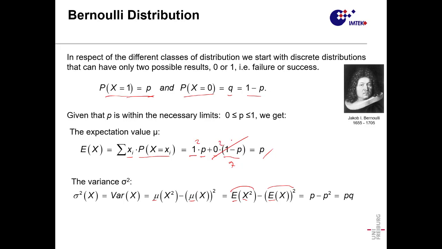So 1 squared is 1, 0 squared is 0. So again, the expected value of X squared is P. And then the squared expected value is P squared. So at the end, if you call Q equal to 1 minus P, you get that the variance of a Bernoulli distribution is P times Q.